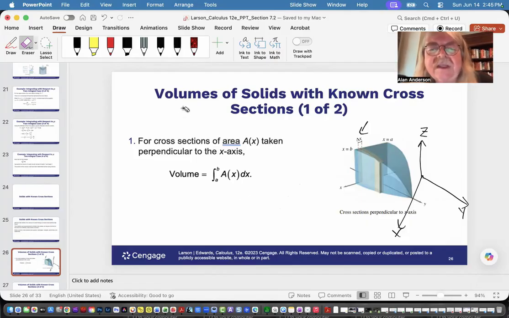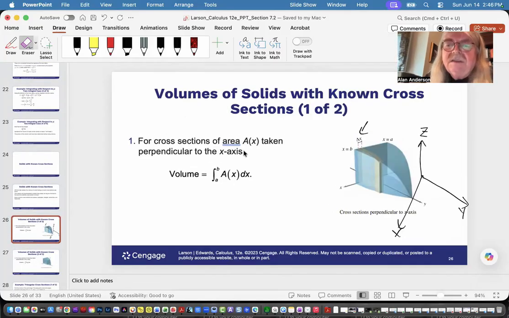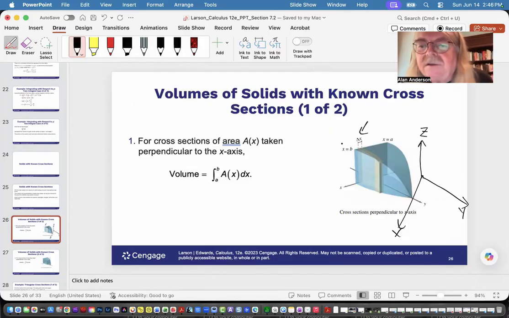So the volume that we end up with is here, but that A is the area of each slice. Okay, so in other words, for each slice, the area is A of X, the volume is the sum of those areas. All right, and now if you notice, here the representative rectangle is on the x-axis.